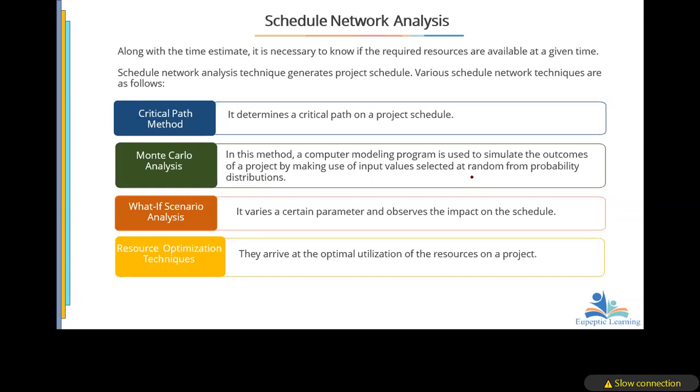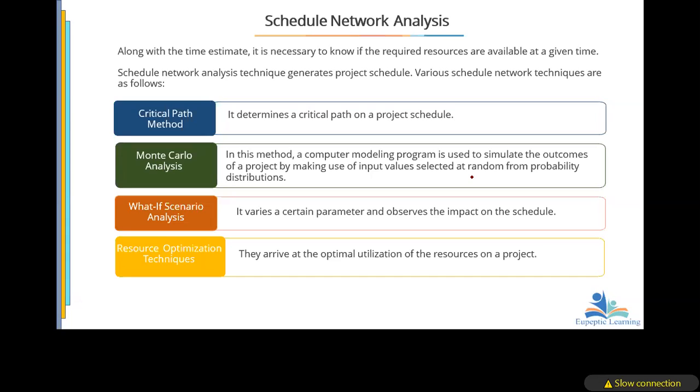Because we have obtained the values, we have a certain model, we are modeling the real situation, and then we are inputting the values and changing them, and we want to see what happens as this moves to this point or that moves to that point. That's Monte Carlo analysis. There's an entire course on Monte Carlo analysis, but this is the PMP exam, and what we need to know is what it can do.